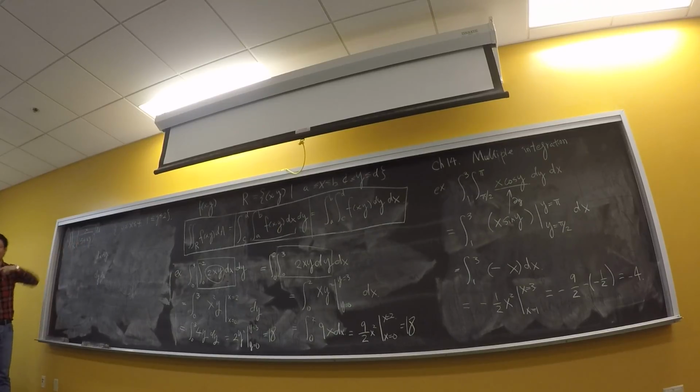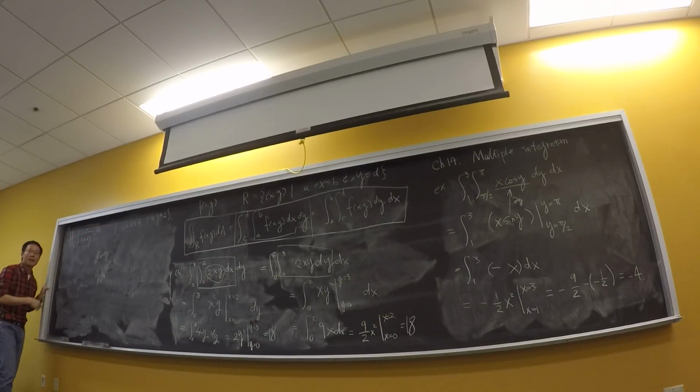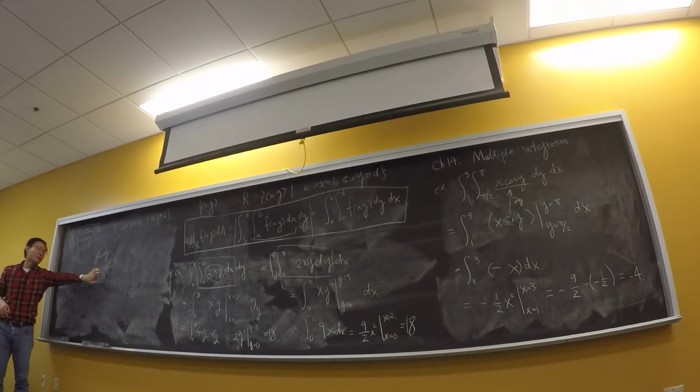If x is the variable and y is the constant, the antiderivative is not going to be easy. However, if I'm regarding x as a constant, it doesn't really matter where it is. If y is the only independent variable, then I can easily find the antiderivative for this fraction. So this route is going to be significantly easier than the first one.